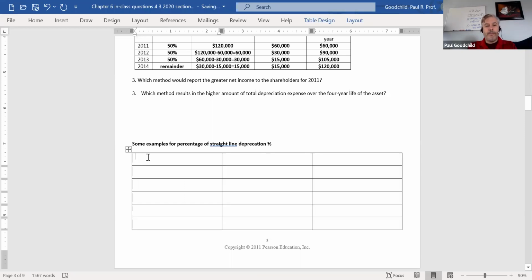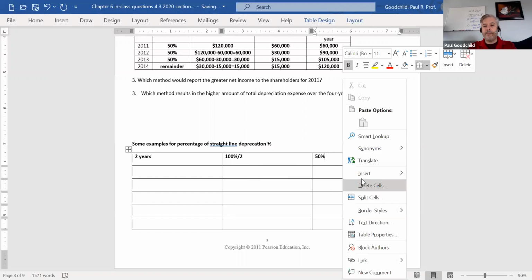So let's say we've got 2 years. And so 100% divided by 2 would be 50%. Let me add another column.